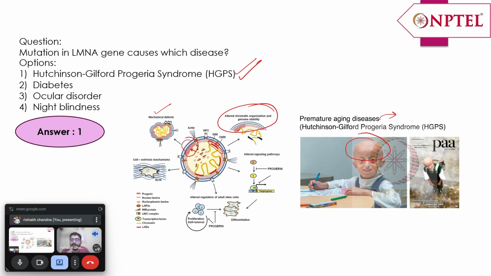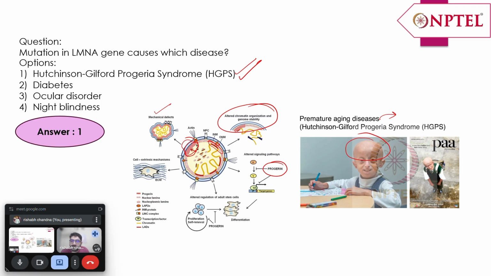The lamin A gene is mutated. It leads to production of a mutated lamin A that forms an aggregated structure called progerin. Okay, so there is aggregation in this particular case. For example, here as you can see, this is progerin.